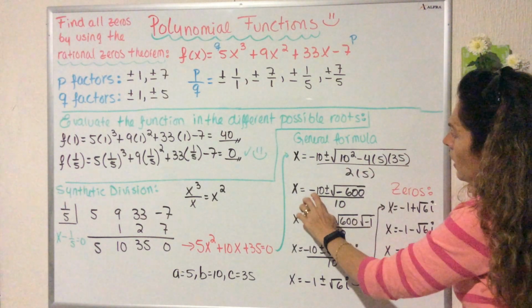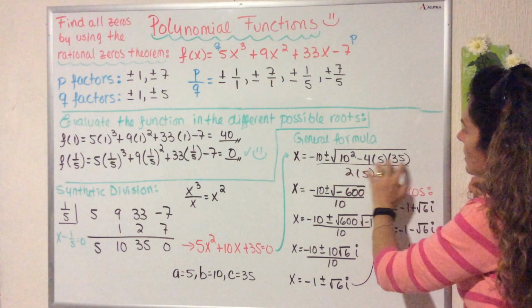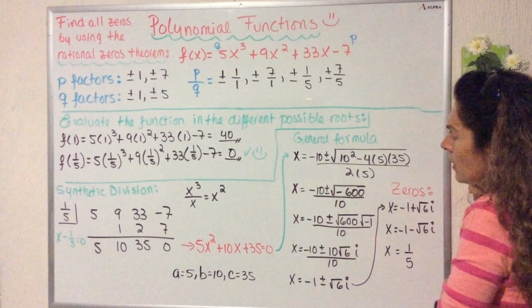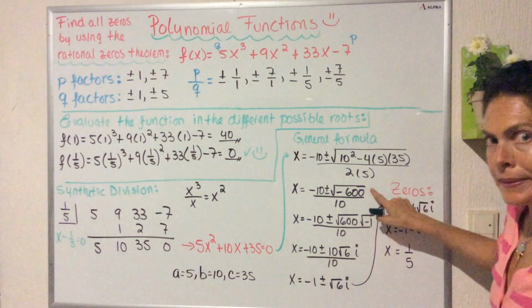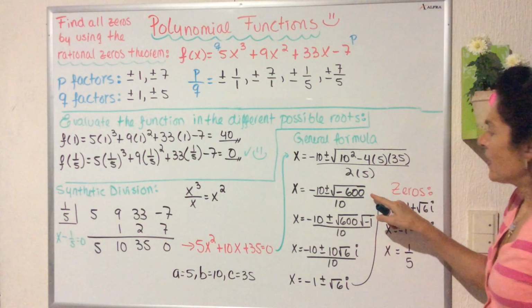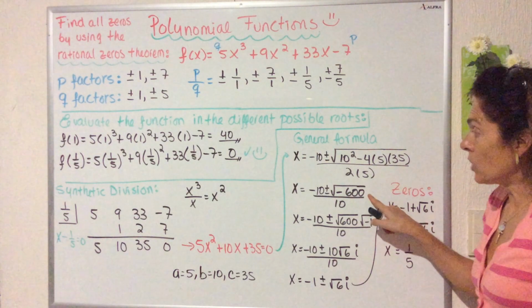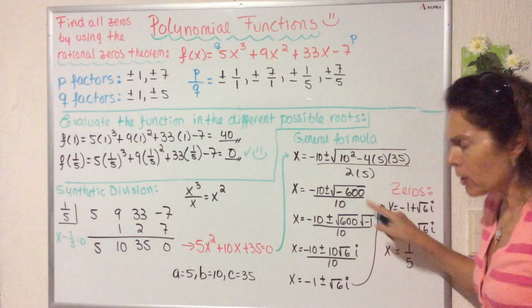We solve it, so we have minus 10 plus or minus the square root of, and all these calculations give me minus 600, over 10. And careful, dear students, because look, this is important. When the discriminant is negative, remember that we are going to get a complex number root. So, check.